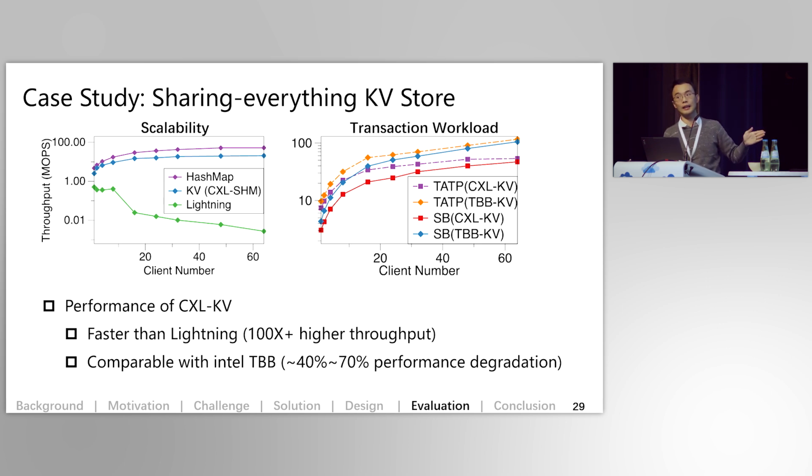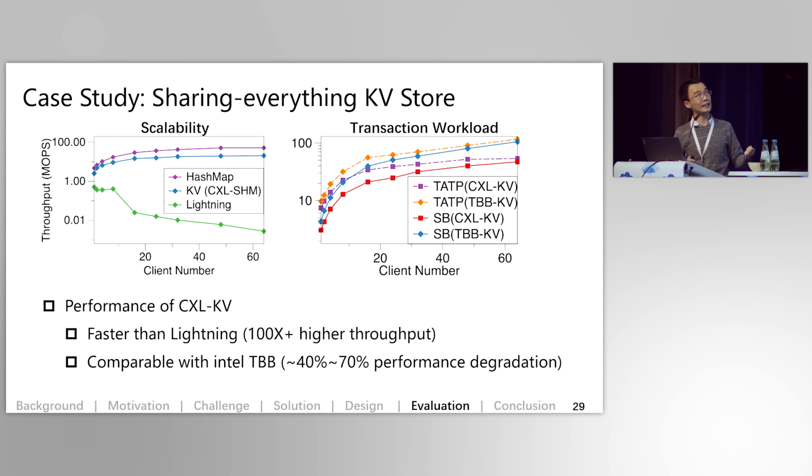More importantly, the performance of CXL shared memory is on par with TBB's concurrent hash map, which is a single-machine application. We think this is a great demonstration of the capability of CXL shared memory. It allows you to develop distributed applications that are as easy to build and as performant as concurrent applications.